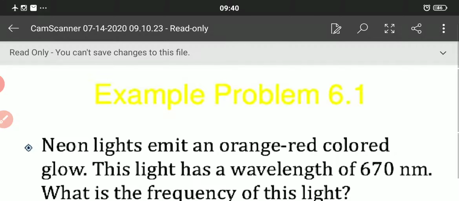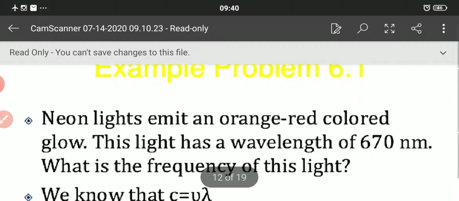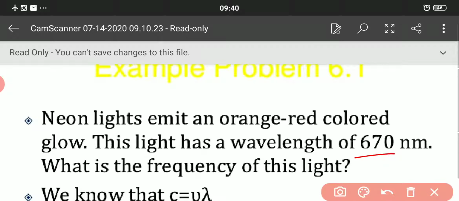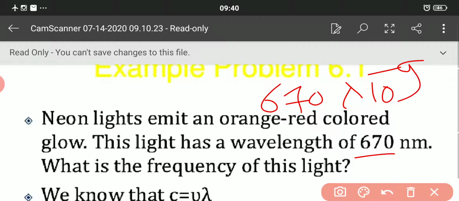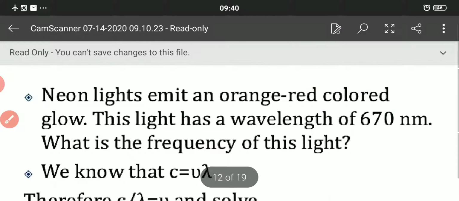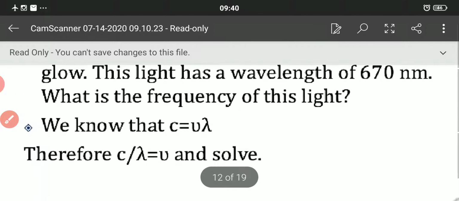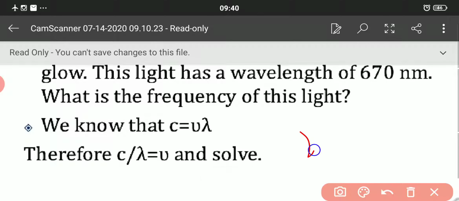Now solve the example problem 6.1. Neon light emits orange red color glow. This light has wavelength 670 nanometer. Nanometer means times 10^-9. So what is the frequency? Frequency is equal to c by lambda.